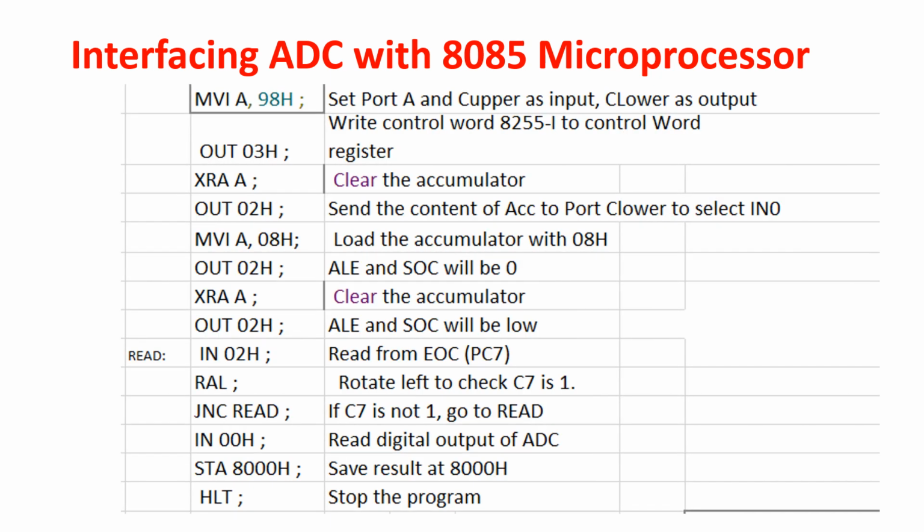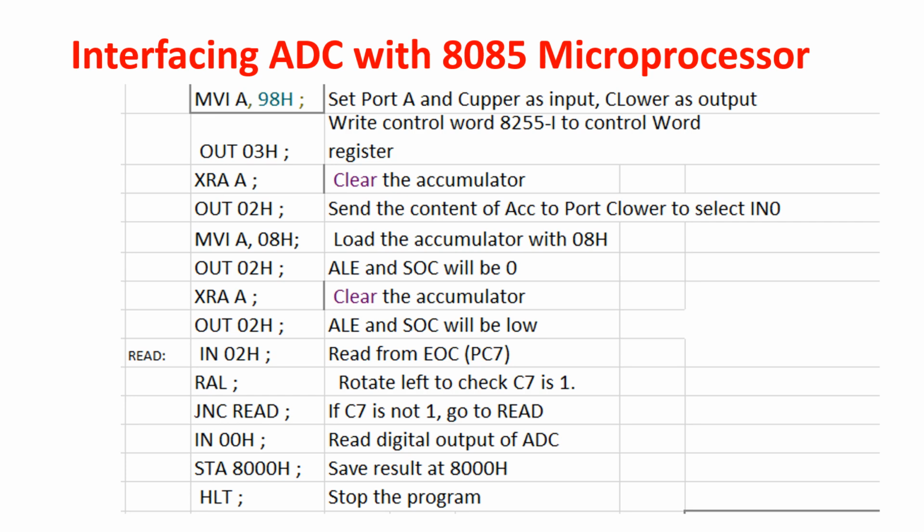MVI A, 98H: set port A and port C upper as input and port C lower as output. OUT 03: write control word for 8255 to control word register.